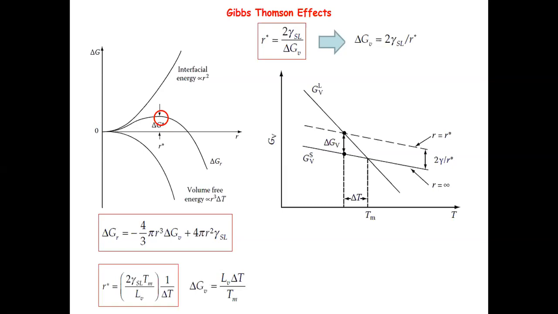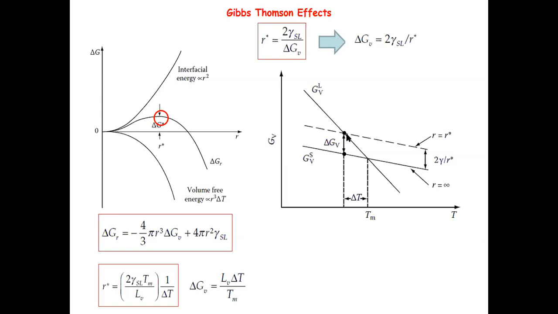In this sense, if you have a particular system in which the solid phase has exactly the same free energy as the liquid phase, this effectively defines the melting point for that particular solid phase. The only difference here is that when we talk about the solid phase, we're talking about a small finite nucleus. This includes both a real solid phase and an interface. All of these together is what we call the new solid phase, which is a small nucleus with the interface.